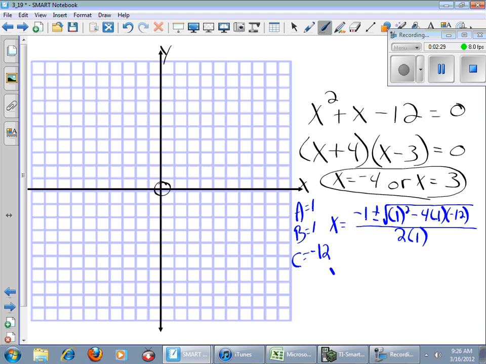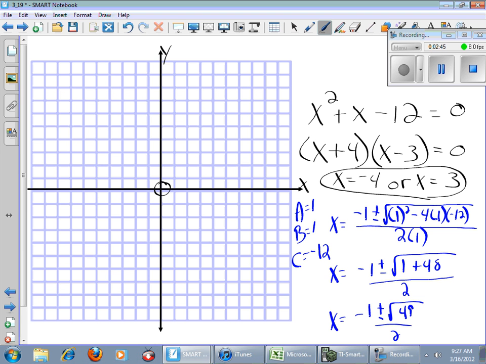Simplifying that, I get x equals negative 1 plus or minus the square root of 1 plus 48, whole thing over 2. X is equal to negative 1 plus or minus the square root of 49 over 2.